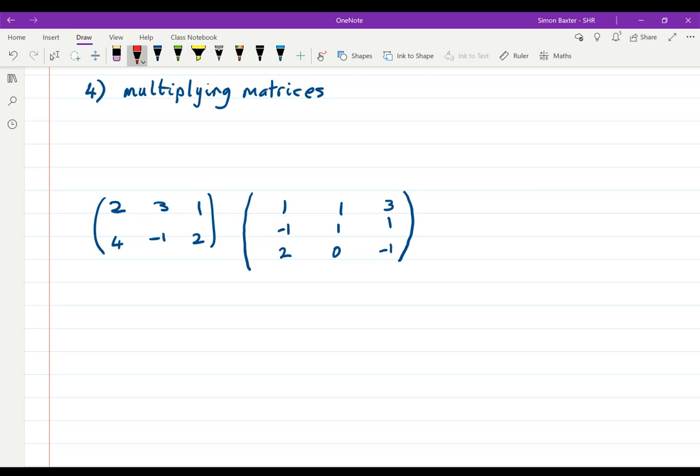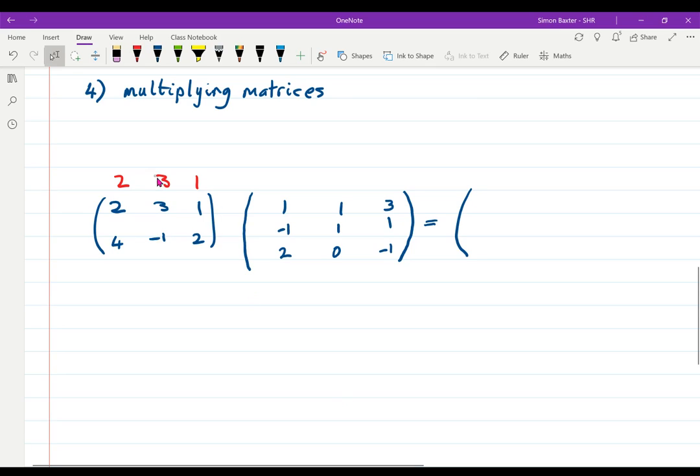This now is how we multiply them. If we want to find out what is going to go in the first row and the first column of the new matrix, so when I'm multiplying these, I am looking to see what number am I going to put in the first row and the first column. The rule is this: we take the first row of the first matrix.